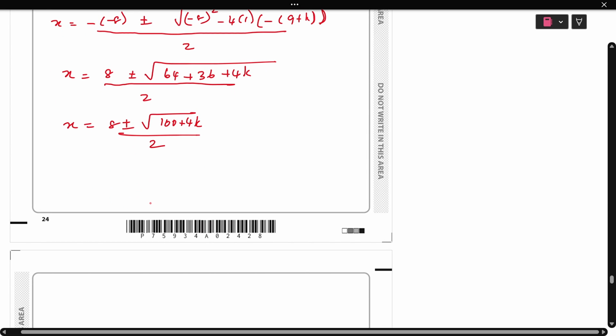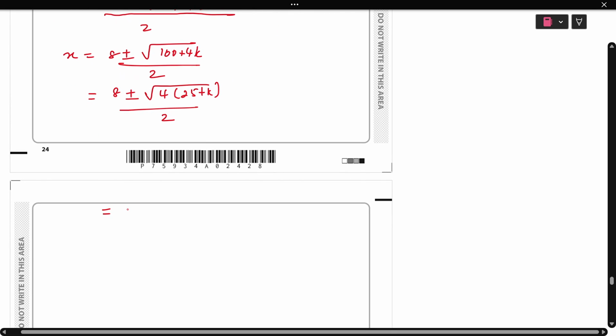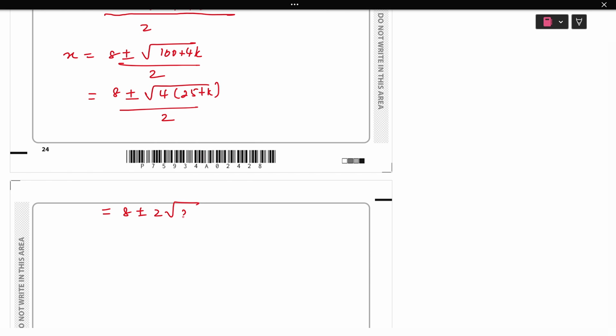From here, I can do 8 plus or minus, here 4. I'll take the bracket out, which is 25 plus k over 2. So next step, 8 plus or minus 2 square root of 25 plus k over 2.